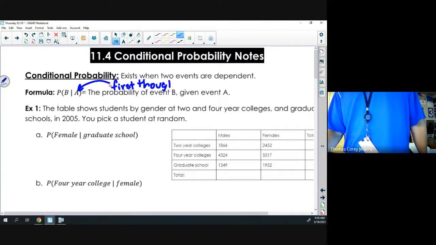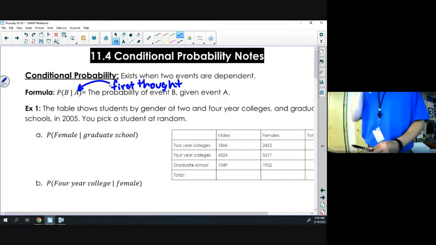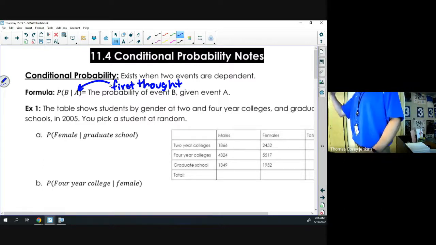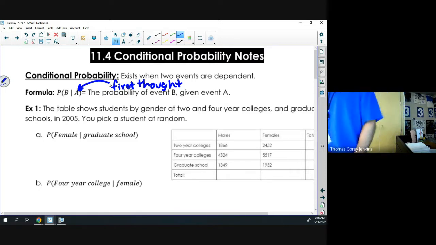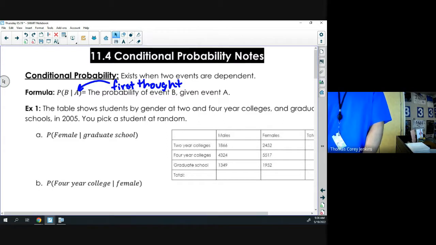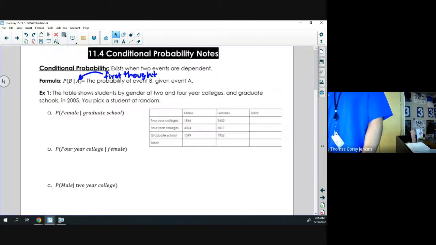The verbiage can really matter, because one little change in the order of a word can change what they're asking for. So you really gotta focus on what you're asking for.